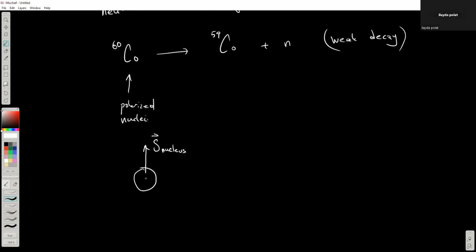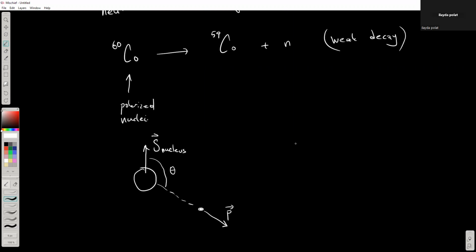And in the decay, they are going to emit some neutrons in, I don't know, various directions. So the neutron is going to go along that direction. So that's basically the direction of this momentum. And just look at the distribution of that angle in here.